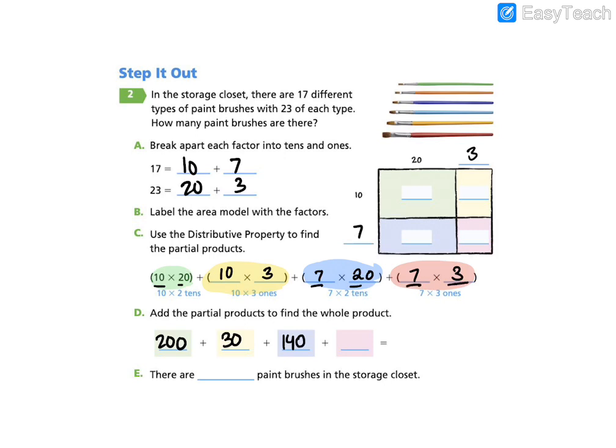And then we have 7 times 3 ones, which is 21. Go ahead and add these partial products to find the whole product. Pause if you need any more time.